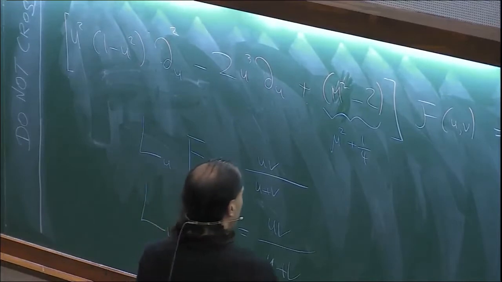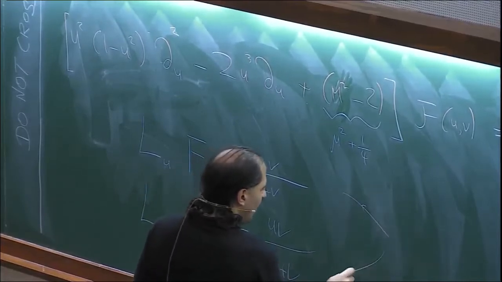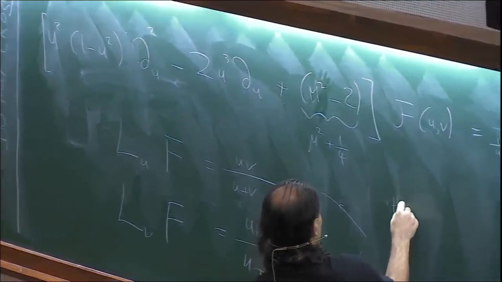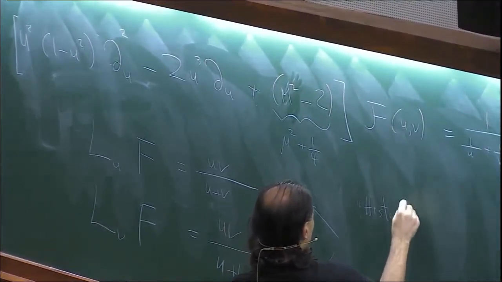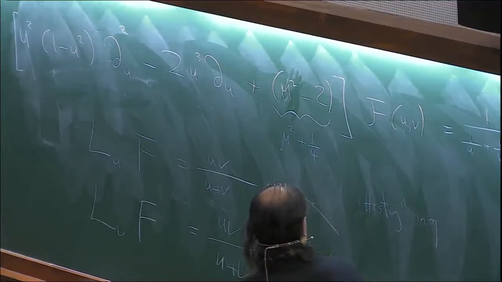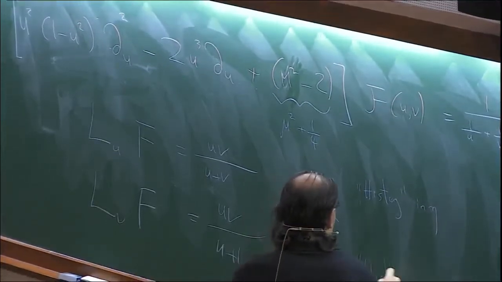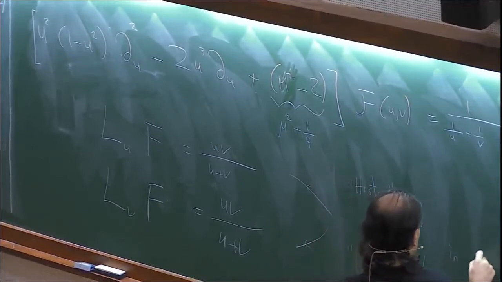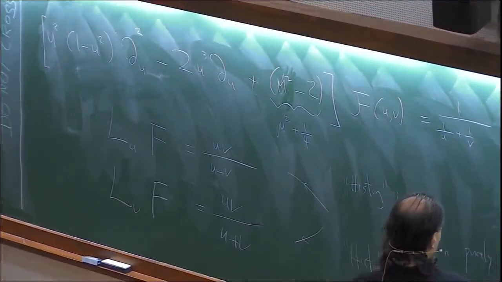Okay? So these are keeping track in purely boundary terms of the history in eta and the history in eta prime in purely boundary terms.